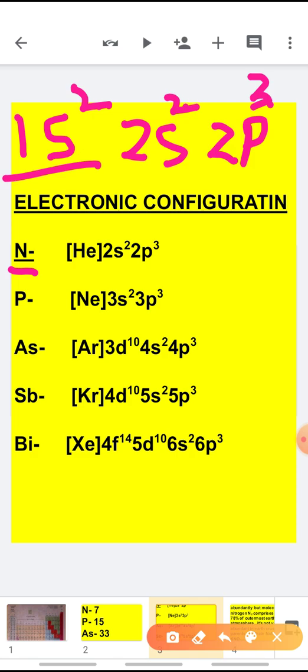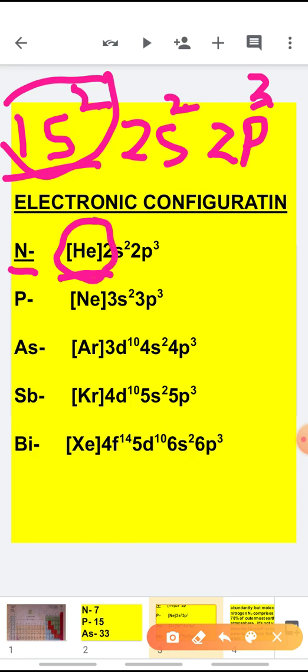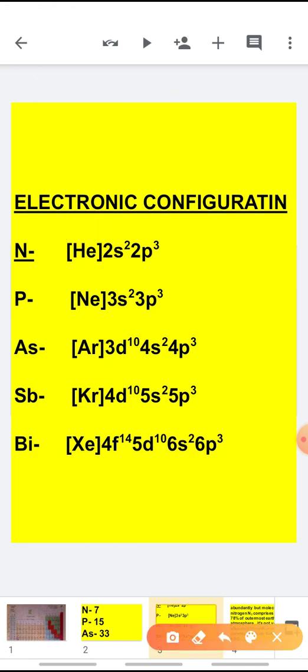Now instead of writing 1s2, we can simply write the inert gas which is coming before that. Before nitrogen, the inert gas that is coming is helium having atomic number 2. So this can be written as [He] inside a square bracket. We'll simply say that the electronic configuration of nitrogen is [He] 2s2, 2p3.